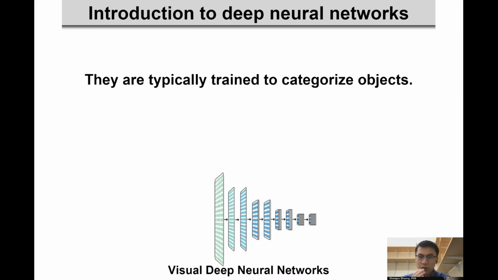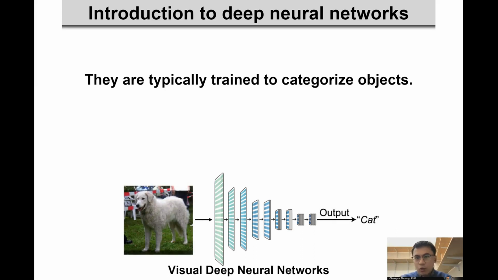These networks are typically trained to categorize objects. The input image will have an output label produced by these networks, and these labels will be compared to the ground truth label provided together with the image, and the difference between these two will be used to update the weights.